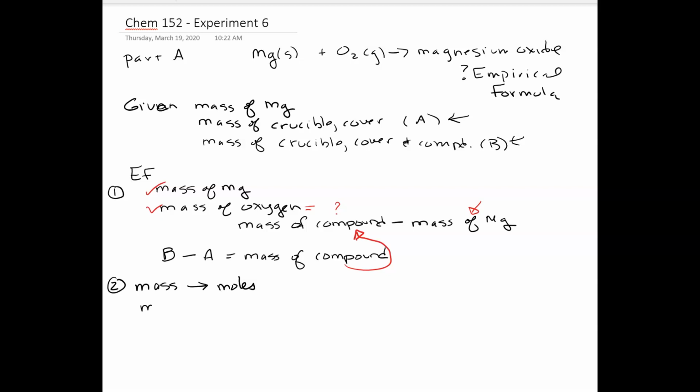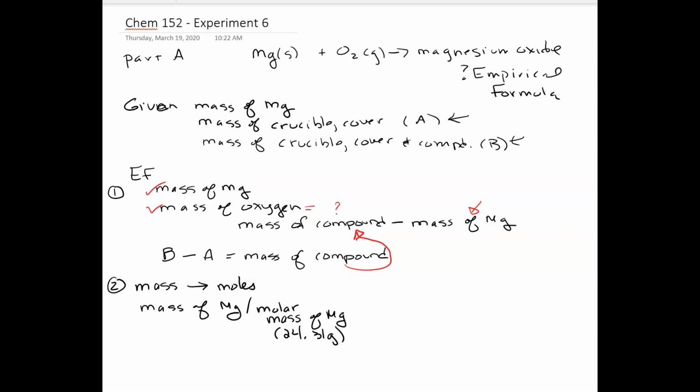So we'll take the mass of the magnesium and divide it by the molar mass of magnesium, which we find on the periodic table. That's 24.31 grams.